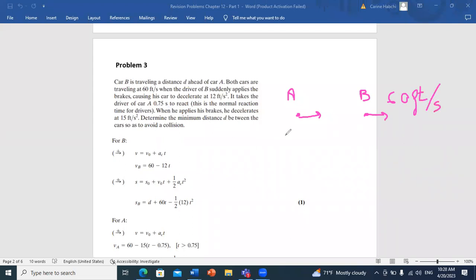And you have the distance separating them. We want to search for the minimum distance that is separating them to avoid accident. Okay. In order to not have accident, can you give me what are the conditions? What are the conditions to not have accident?